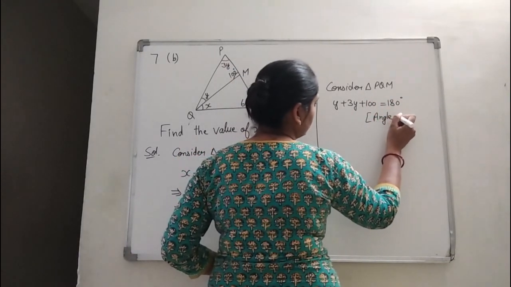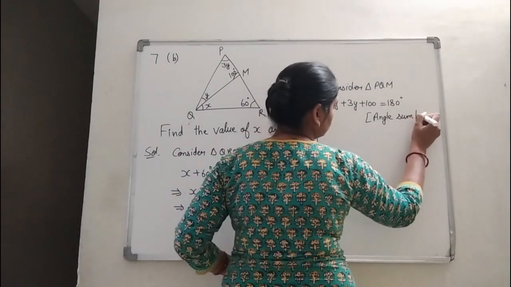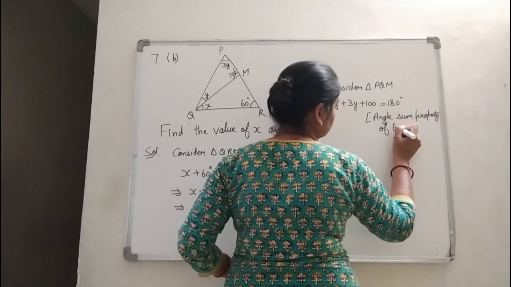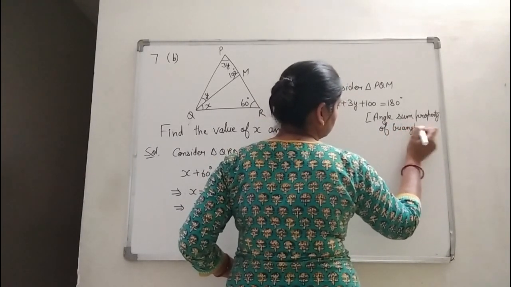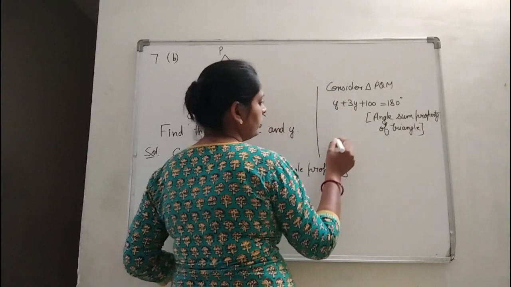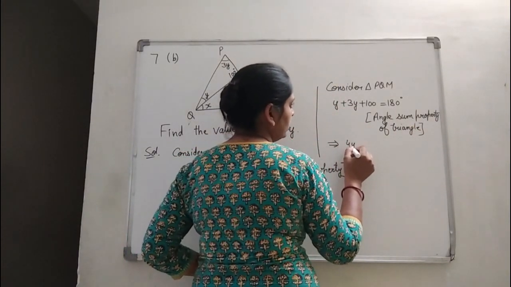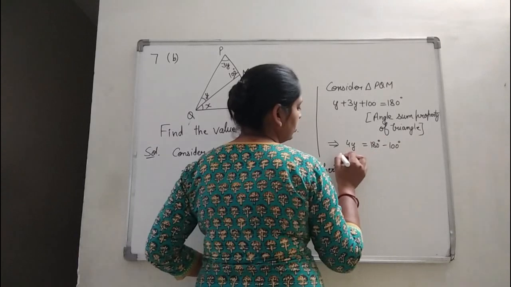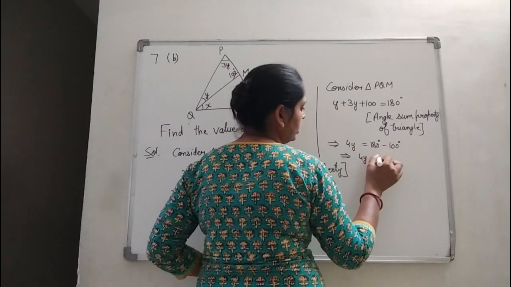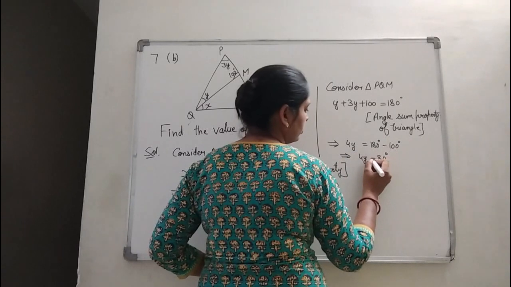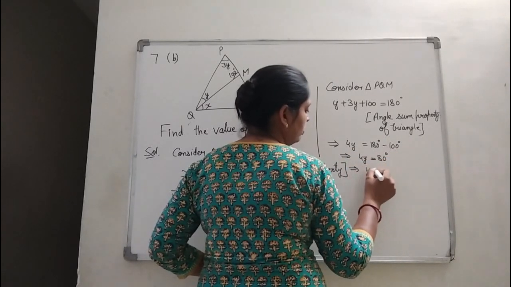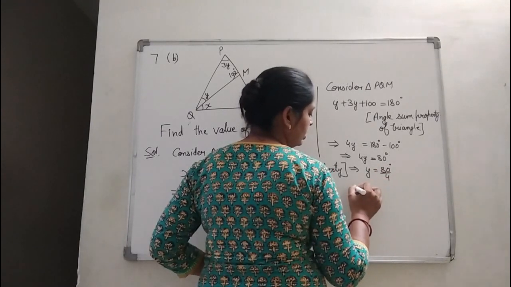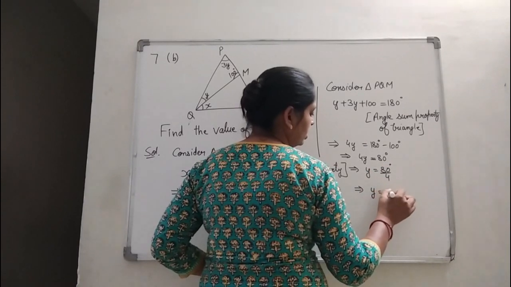Angle sum property of triangle. Y plus 3Y will give you how much? 4Y. 4Y will be equal to 180 degree minus 100 degree. From here you got 4Y is equal to 80 degree, which implies Y will be equal to 80 by 4, that is Y will be equal to 20 degree.